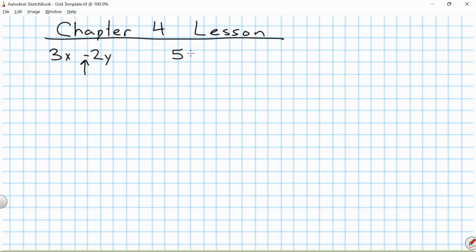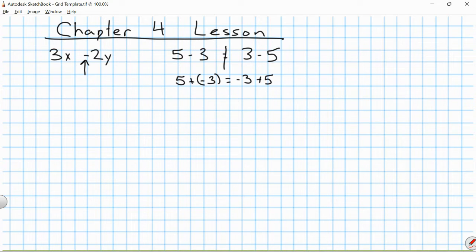If you have 5 minus 3, can I just move these around and say, oh, this is 3 minus 5? No, that doesn't work. Subtraction is not commutative, okay? The order matters. But could I do this? Could I say 5 plus -3 and then switch the -3 over here?